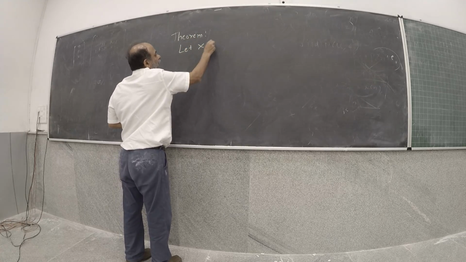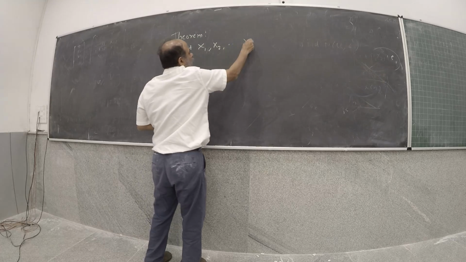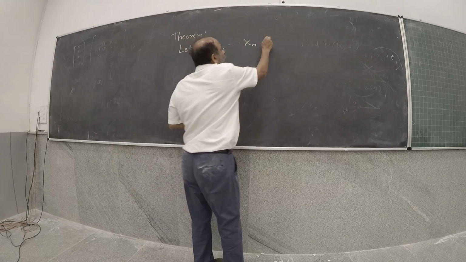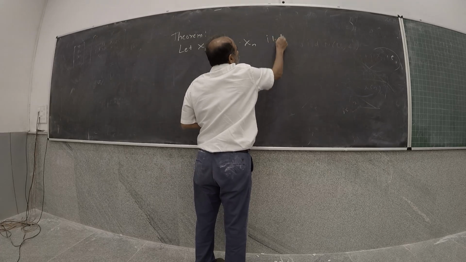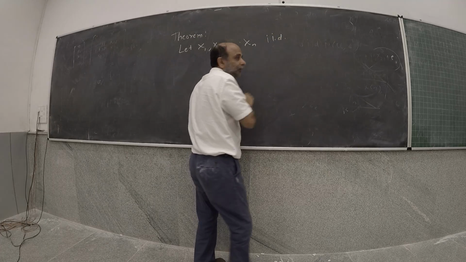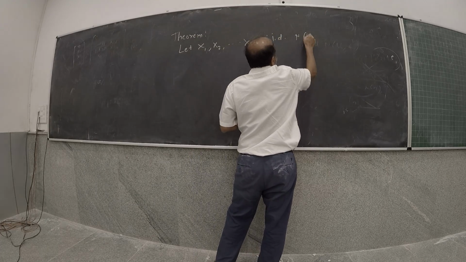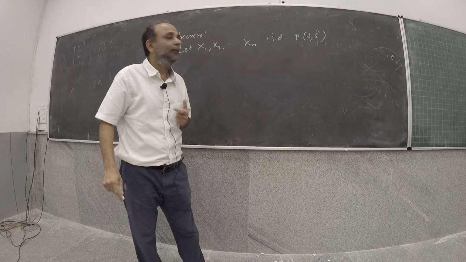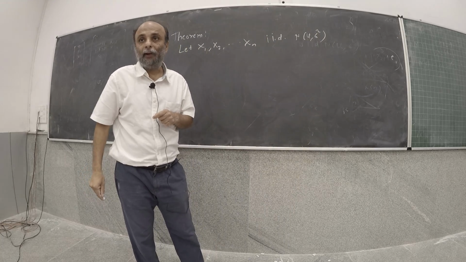Let x1, x2, xn be an IID sample from the normal distribution with mean mu and variance sigma square. Right?